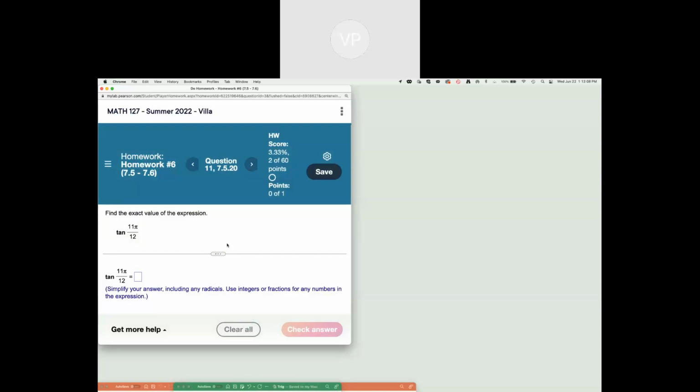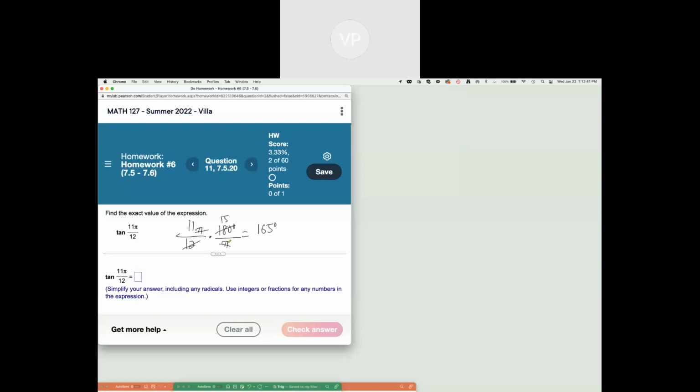Okay, find the exact value of this expression, tangent of 11 pi over 12. Now, like I did an hour ago, when I have tangent of some weird angle like this, if you want, it's not required, you can convert this to a degree measurement just so that you have a better understanding of where you stand. It looks like I have 165 degrees.